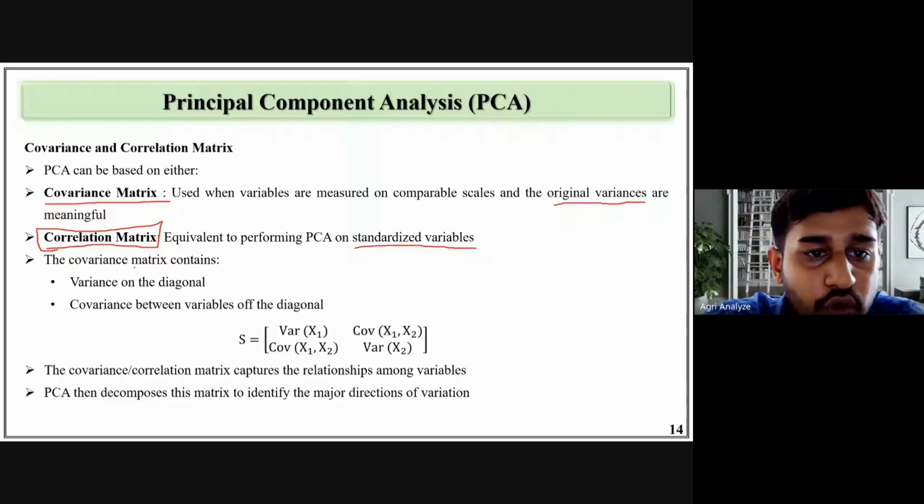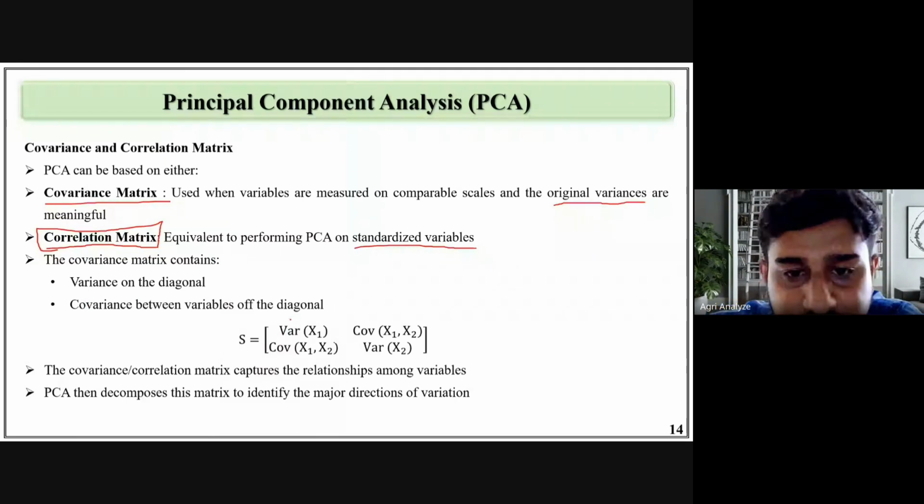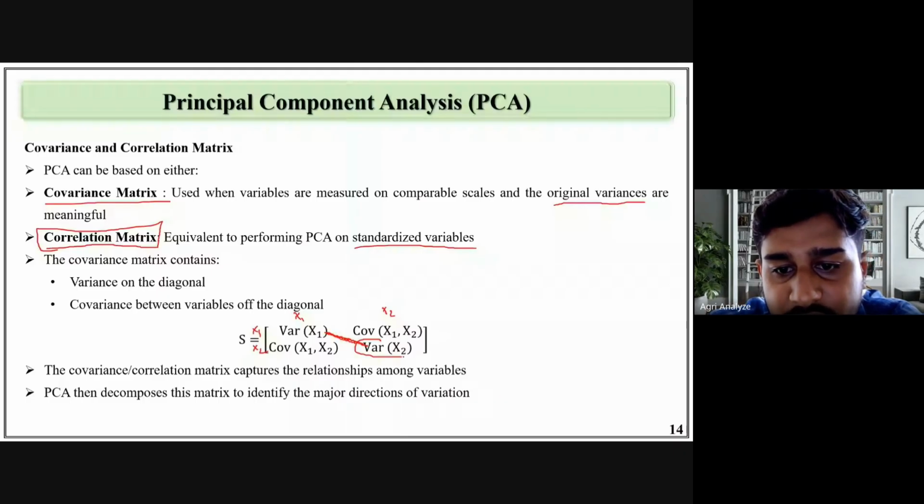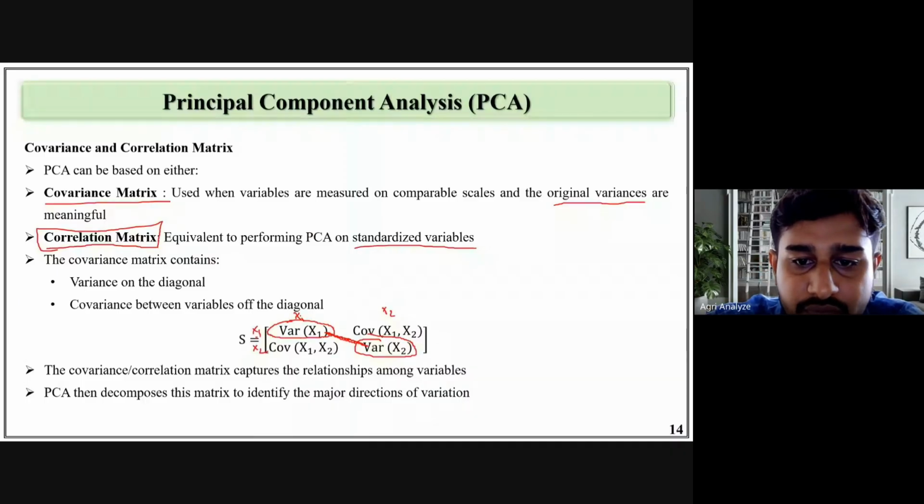The covariance matrix contains variances on the diagonal elements. Here we have two variables, x1 and x2. These two are our diagonal elements. This shows the variance of x1, and this element shows the variance of x2 because we have two variables.